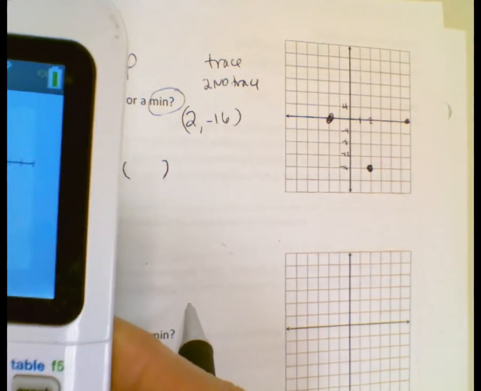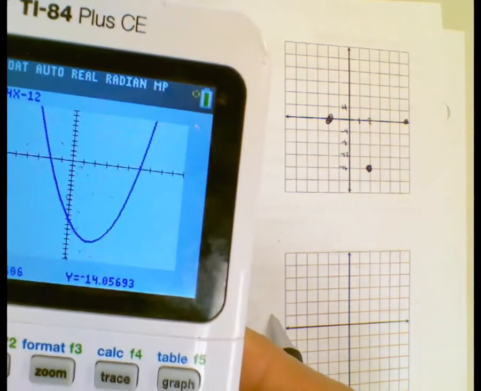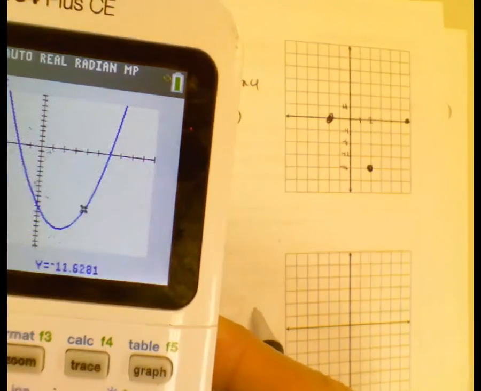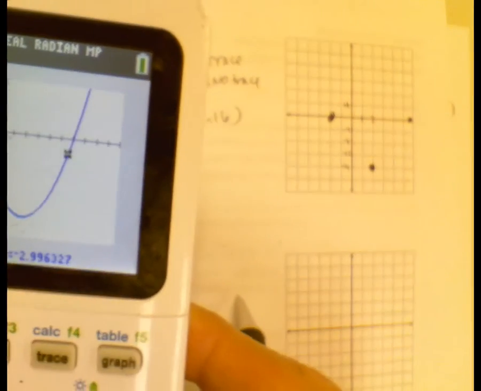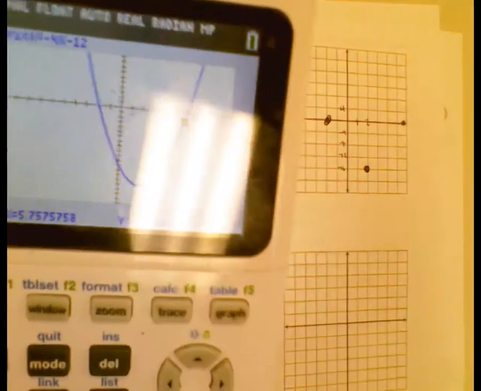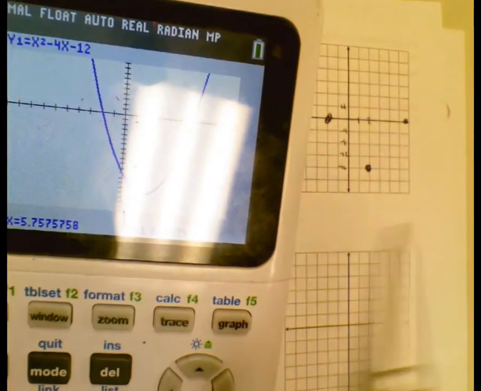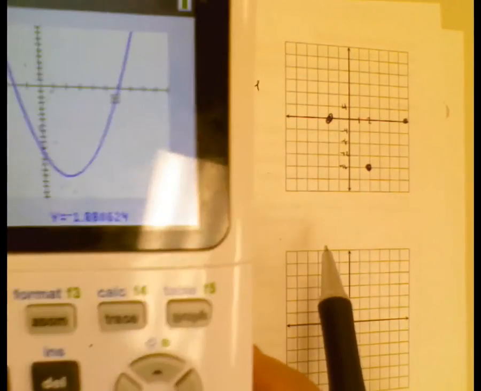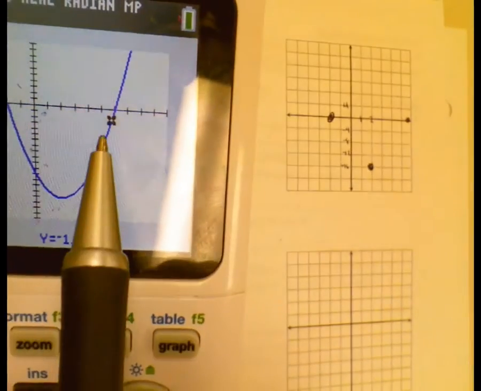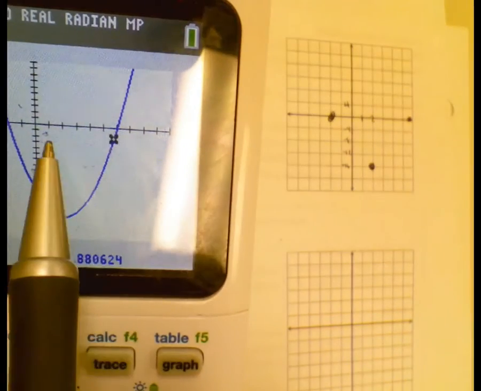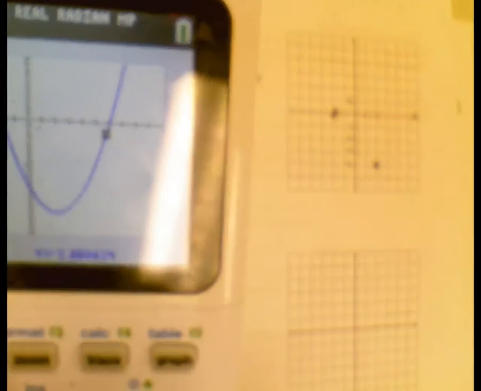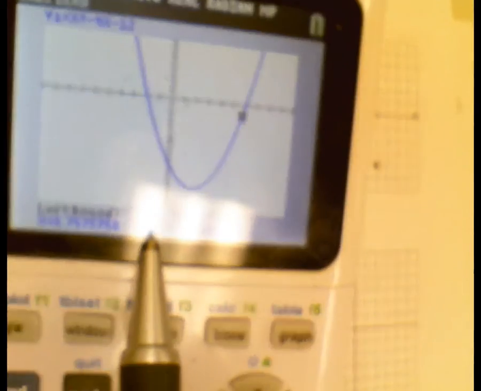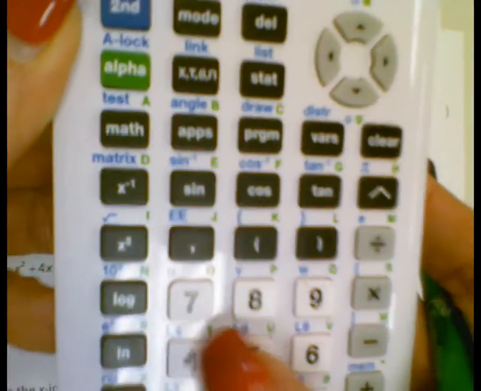Let me show you another way of doing this. I'm using my right arrow right now to move my spider. Sometimes instead of going left and right of it, you can guess numbers. So this time we're going to press second trace again, and press 0 again. Instead of moving this to the left, I'm going to put in a number. I'm going to guess 4 as my left bound guess.